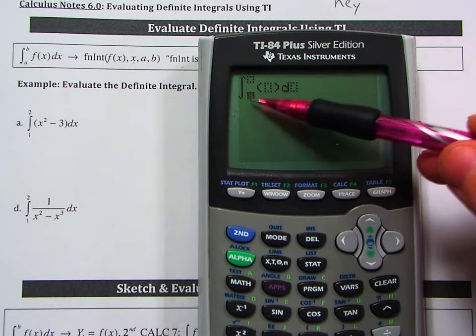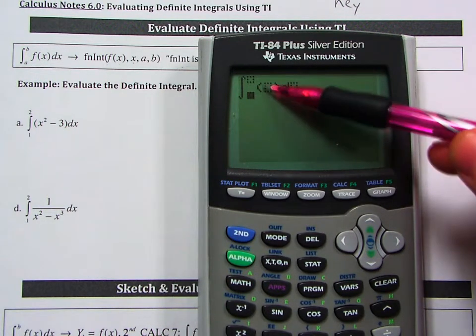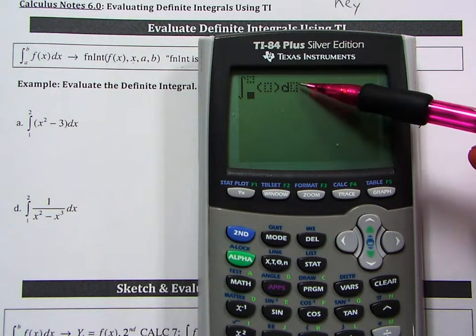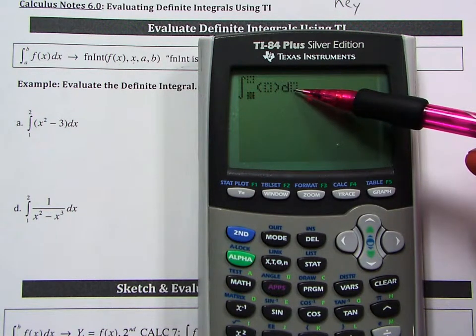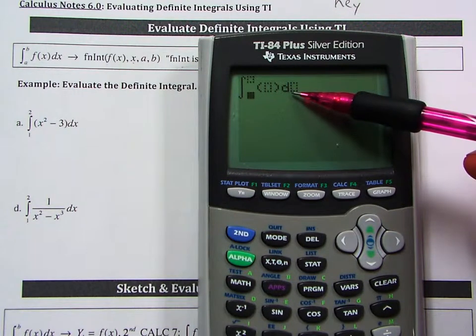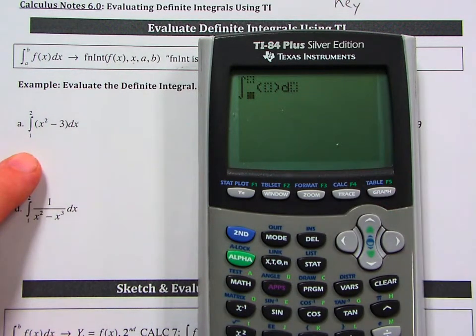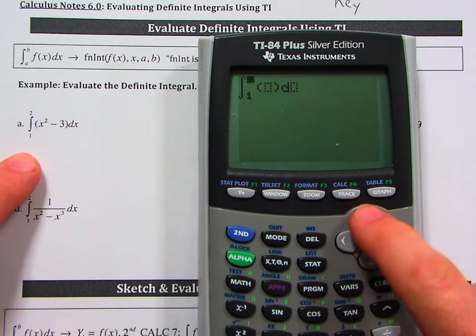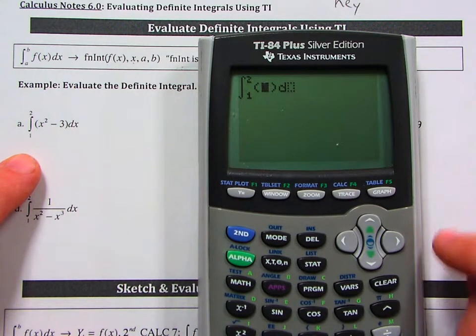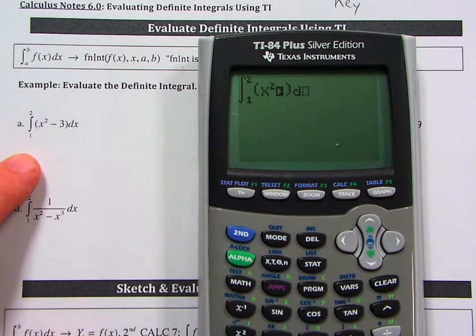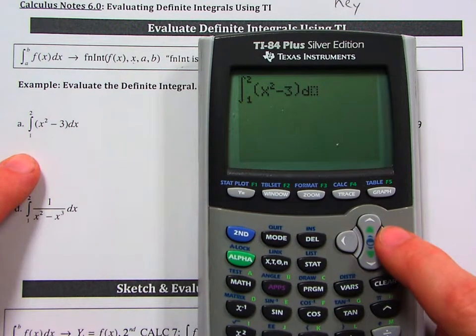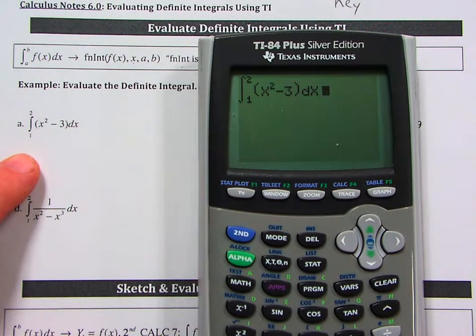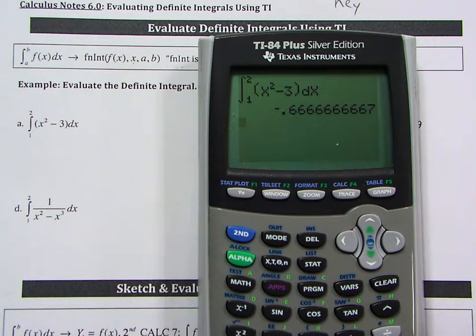We put our limits of integration here and here, our function right here, and then the variable we're integrating with respect to. Let's do our first example. We put 1 to 2, our function is x squared minus 3, with respect to x. Then we hit enter, and there we see negative 0.6666 repeating.